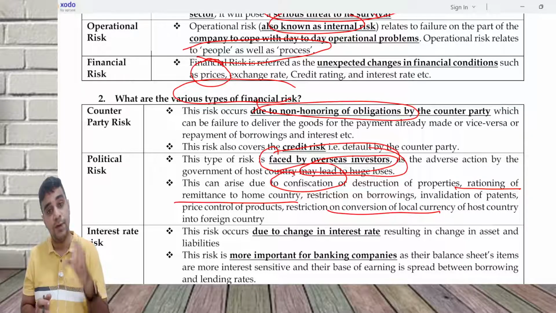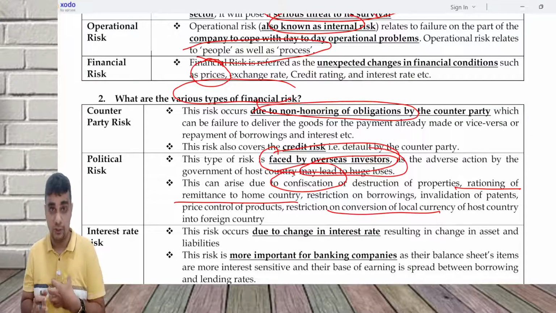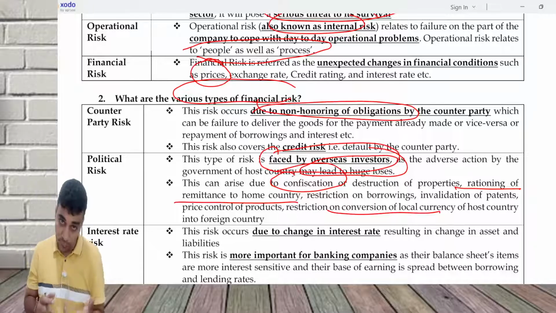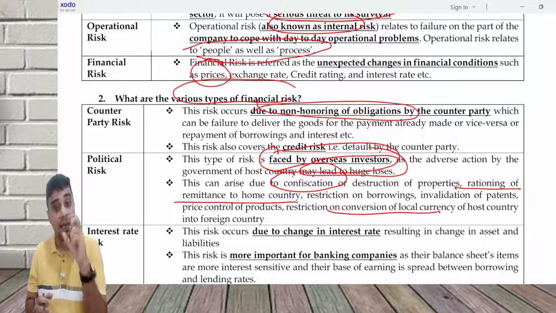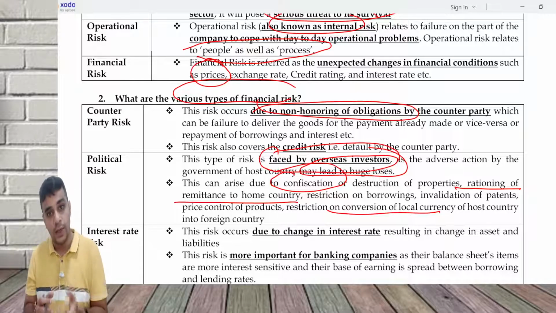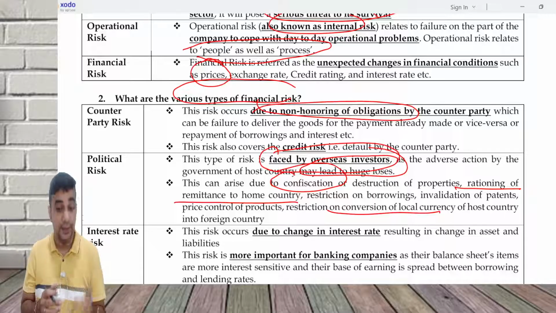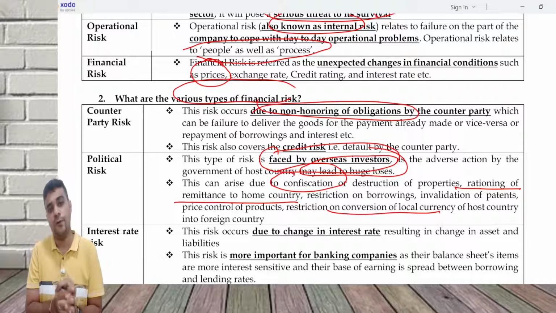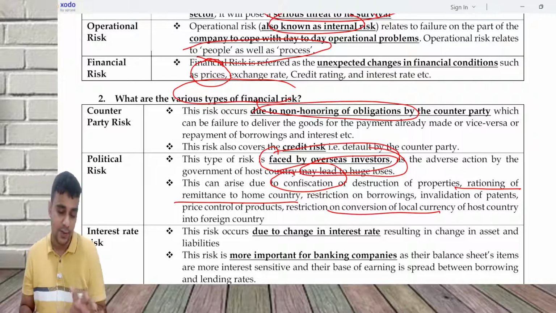Interest rate risk is basically variation in my cash flow due to changes in interest rates. If I am a borrower, interest rates going up is a problem for me. If I am an investor, interest rates going down is a problem for me. So it is variation in my cash flow due to changes in interest rate.